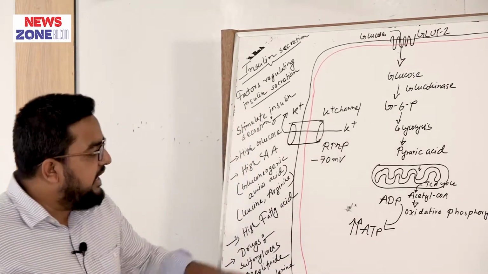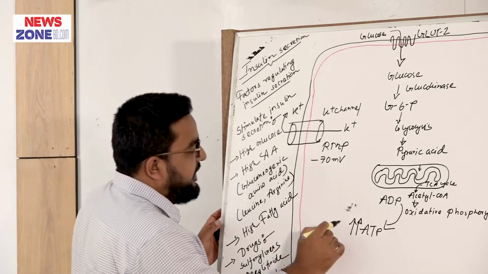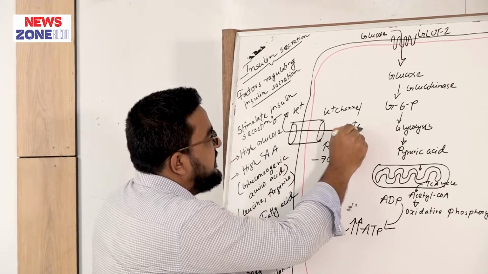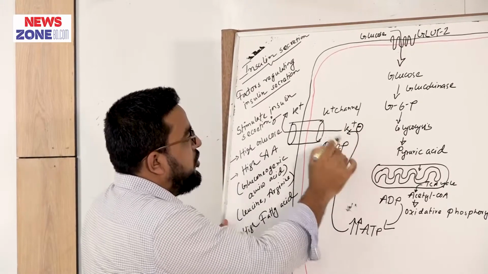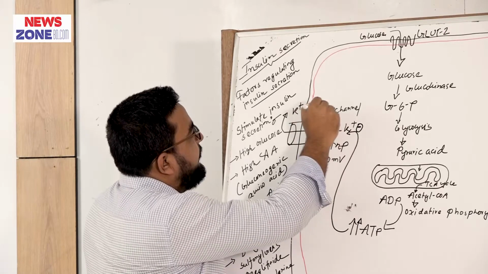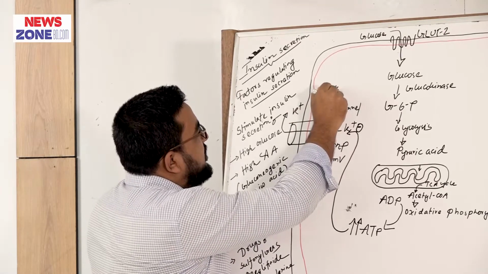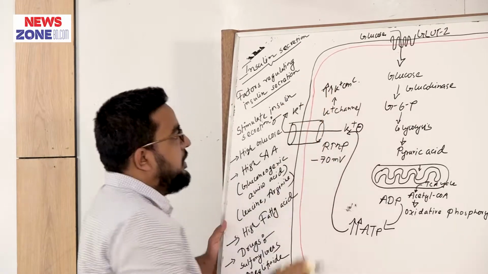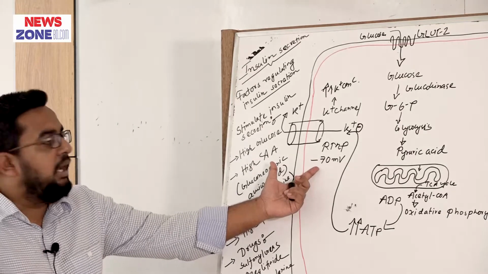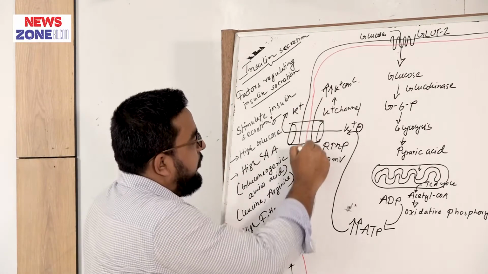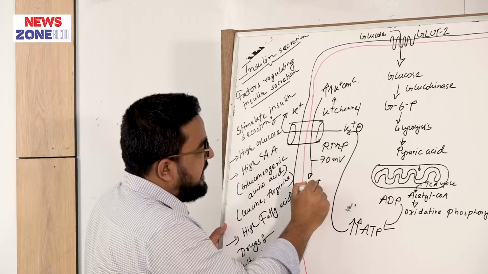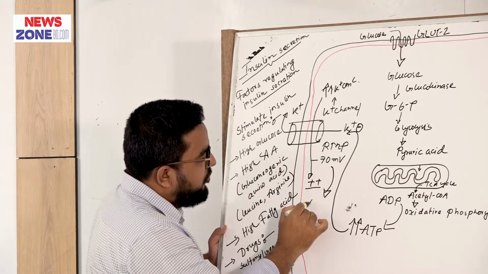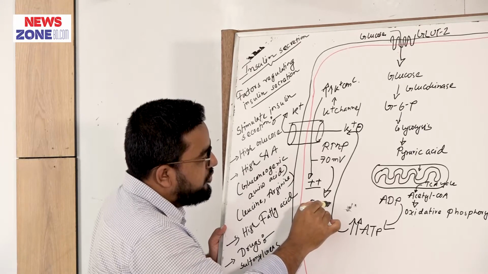When excess ATP is produced, it inhibits the ATP-sensitive potassium channel, so the concentration of potassium in the cell increases, and that causes positivity inside the cell, changing the resting membrane potential to minus 50 millivolt.